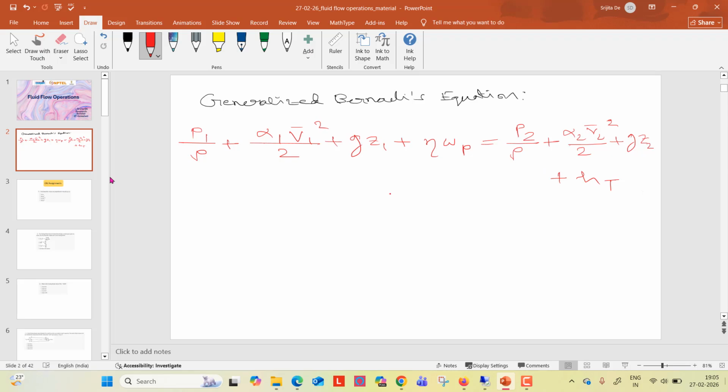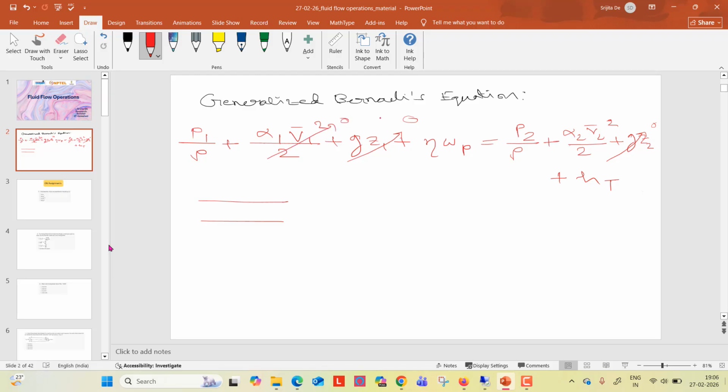Suppose this is happening in a same plane, in the same pipe. So there will be no GZ term; this will be 0, this will be 0, and the fluid is stationary also, so it doesn't have any velocity.